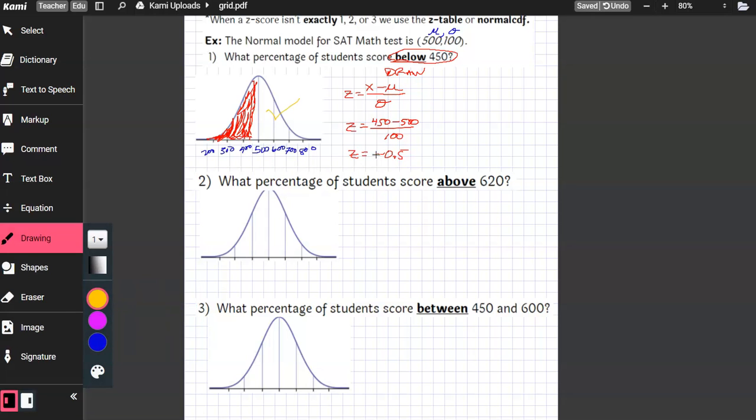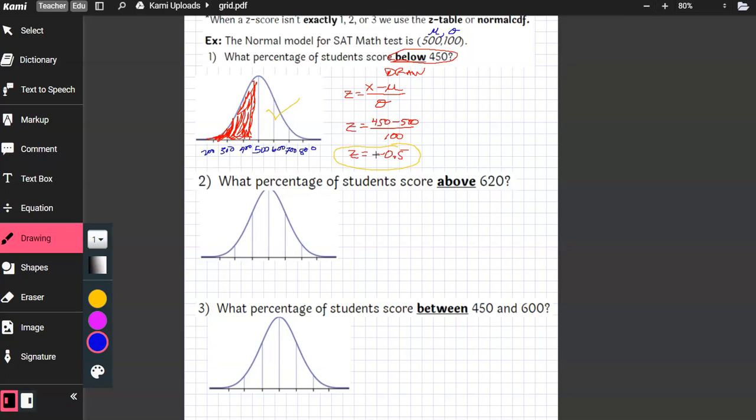I've drawn the picture and I found a z-score. Now from here, you could go to the calculator or proceed with a z-table. It's important to know both.